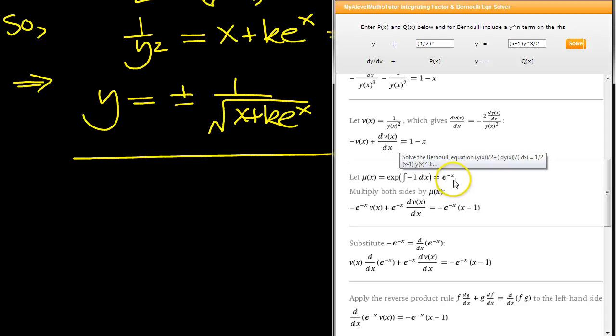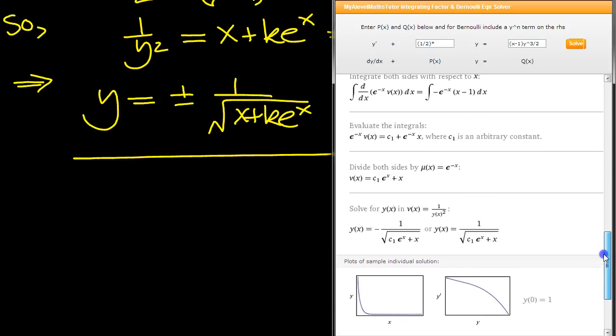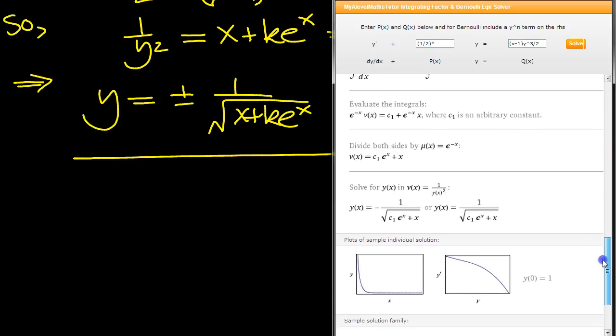Here's your integrating factor, multiply through, and then you can write down the product, which they've done down here. That's equal to that, and then they integrate both sides like we did, and at long last you get the answer and possible sample solutions there.